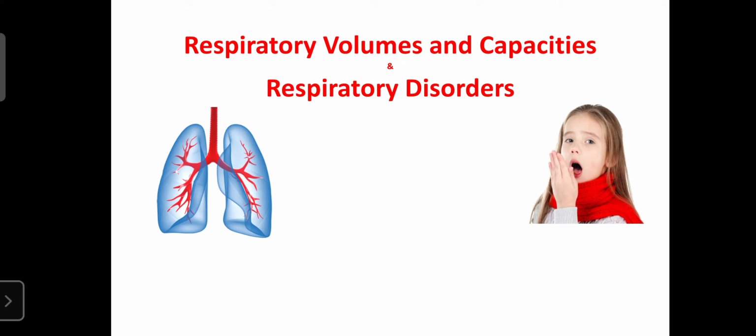So now we can go to the respiratory volumes, then the respiratory capacities, as well as some important respiratory disorders. First we can go to the respiratory volumes, also known as lung volumes.